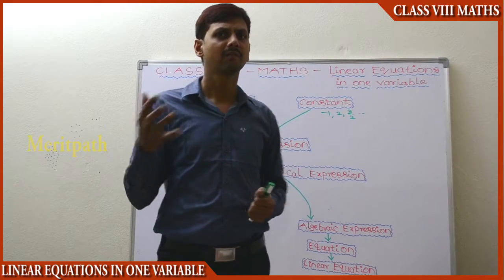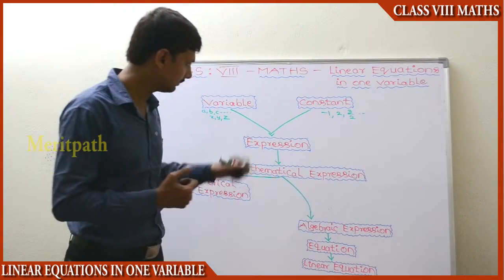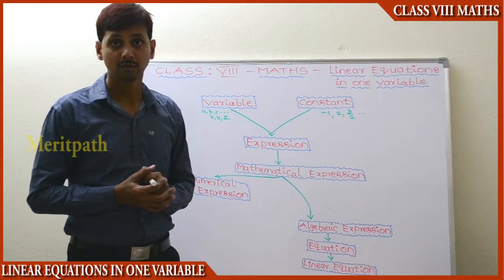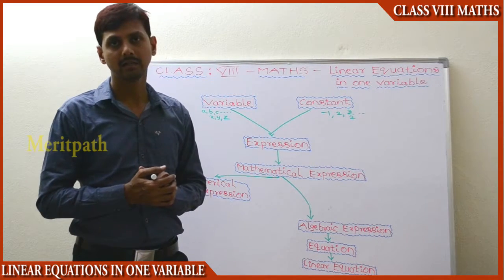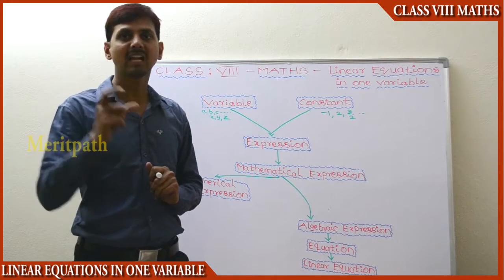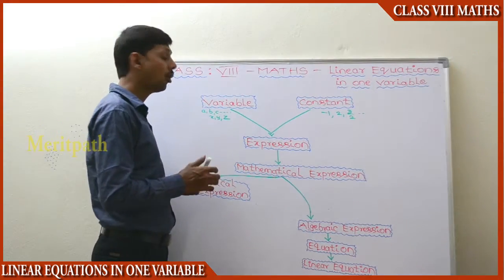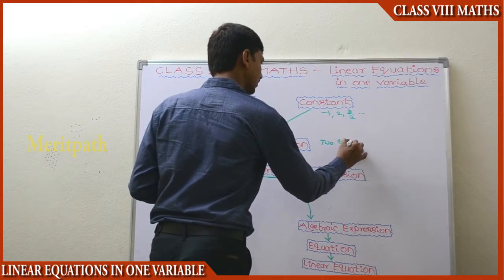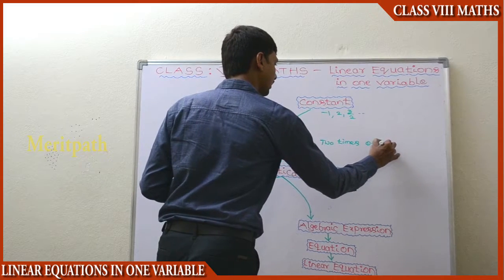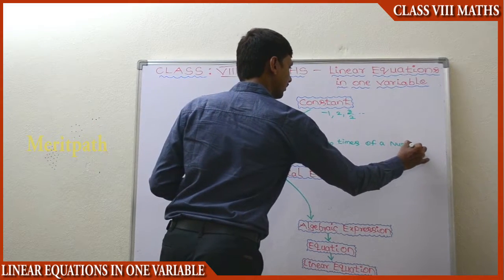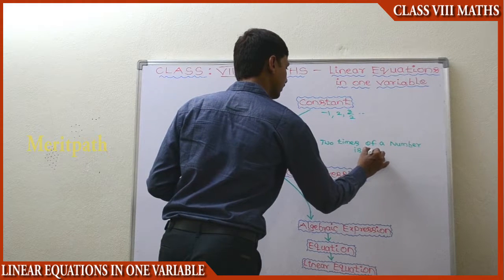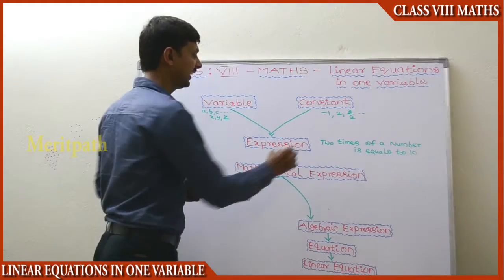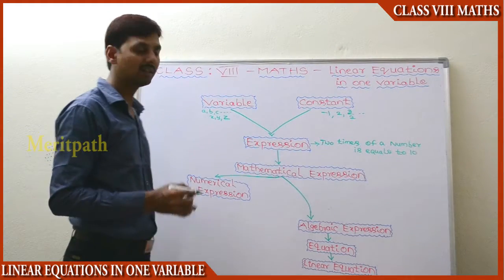For example, if we relate to a mathematical expression, like 2 times a number is 10. 2 times a number is equal to 10. This is one of the expressions.